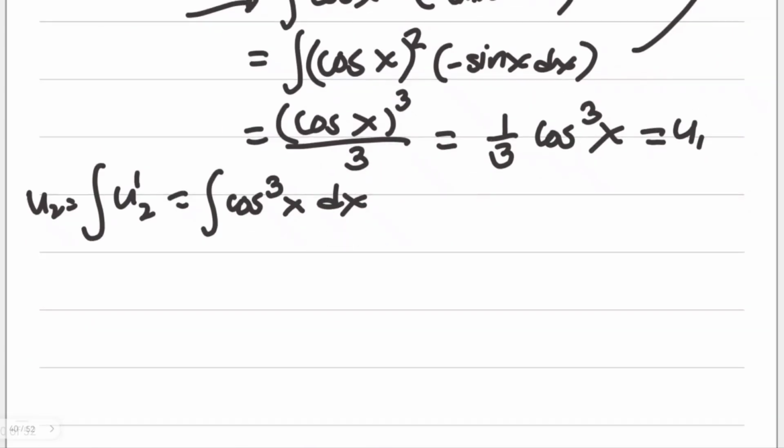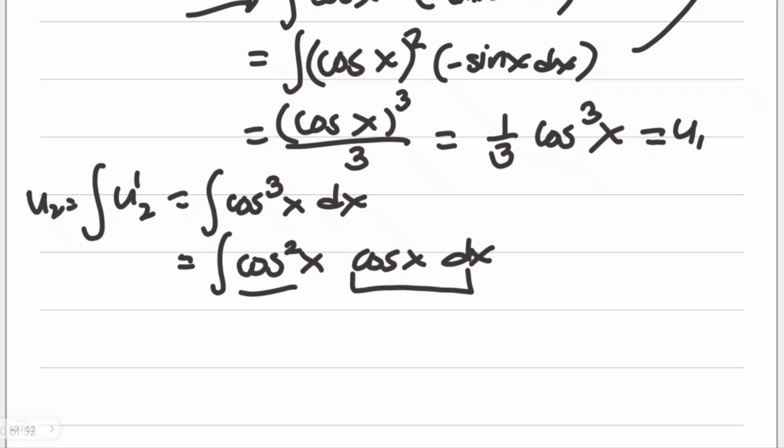There is a strategy that we could apply here, breaking this cosine cubed into cosine squared of x and then cosine x dx. Still, this is not a derivative of cosine, but what we could do here is this. Let me transfer the exponent on the other side, because by identity, cosine squared of x could be written as 1 minus sine squared of x.